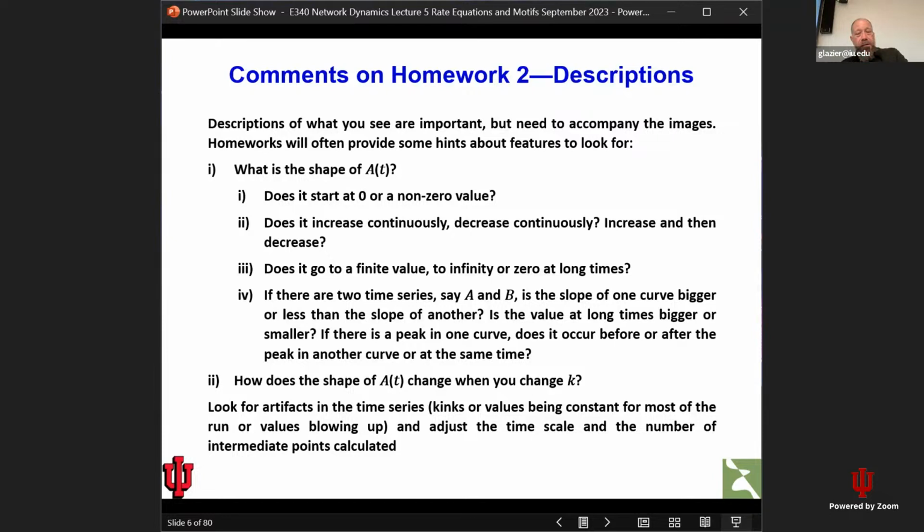If time changes in the simulation are very slow and you run over a time scale of 10, you may not see anything either. And so you may have to adjust the time axis of your simulation to be appropriate for the simulation you're running. And that time that you need to run over may depend on parameters. In fact, it generally will. And so you have to develop a sense of what's a reasonable time frame to look at.